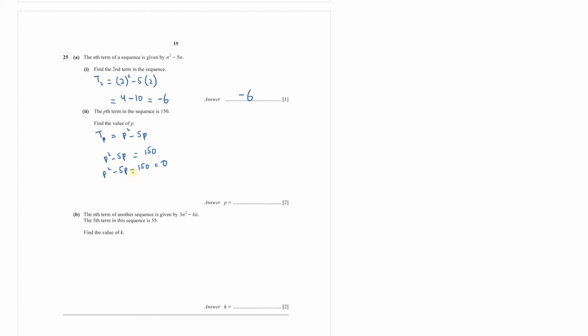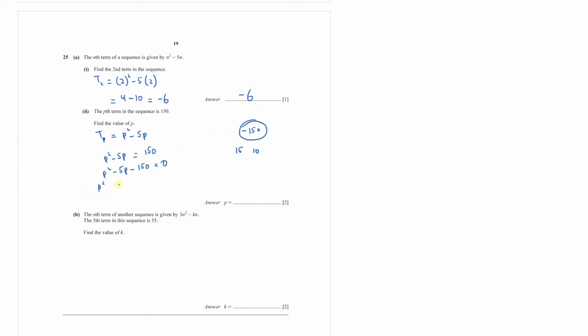If I multiply this -150 with the coefficient of p squared, which is 1, -150 times 1 is -150. So I'm looking for the factors of -150. Since it's negative, I need to find two factors whose difference is 5. You can quickly say that 15 and 10 are the two numbers we're looking for. 10 minus 15 is -5, and -10 times positive 15 is -150.